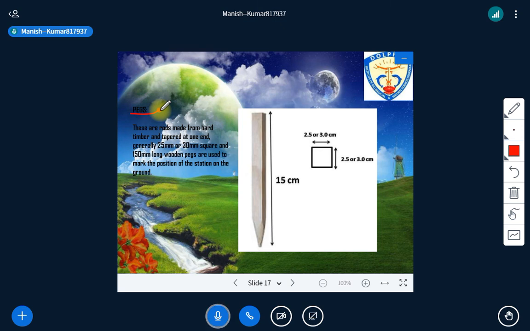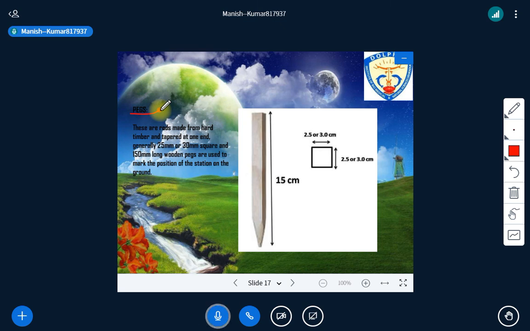So this is the difference that one needs to understand between the peg and the arrow. In the arrow we are marking the end of the tape or end of the chain, right? But here in the peg we are marking the position of the station on the ground.